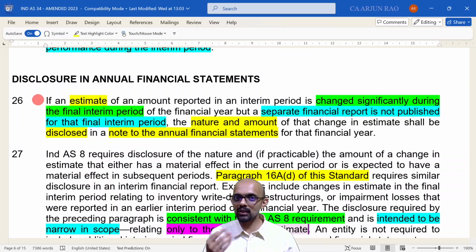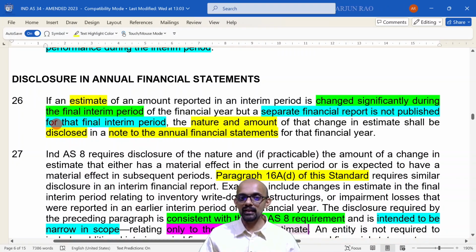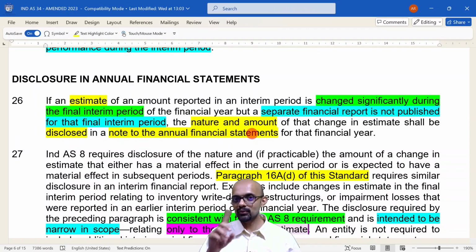So, the 4th quarter accounts you are not presenting. How do you inform that to the shareholder? That should be informed by way of a note in the annual financial statements. So, a change in estimate from the 3rd quarter to the 4th quarter, where the 4th quarter is not presented, you have to give a note in the annual financial statements.